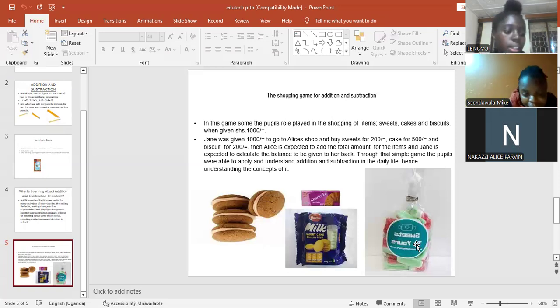Like if you're going to buy items for 900 and you took 1,000, which balance can they give you? Like the items you're going to buy from a certain shop are for 900 and your mom gave you 1,000. How much amount do you bring back as the balance? 100 shillings.